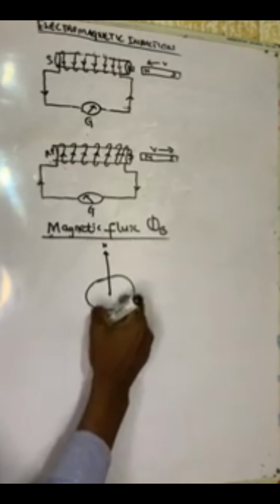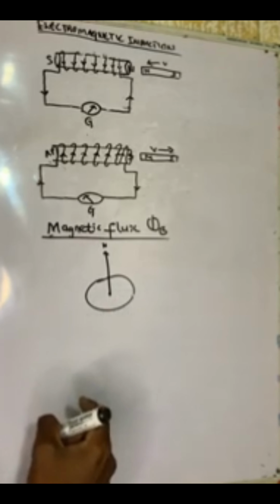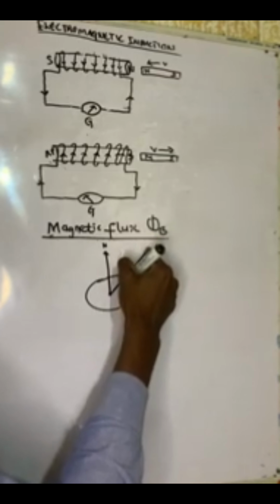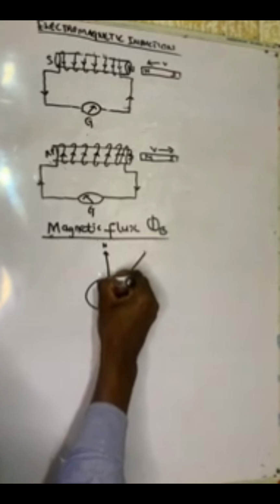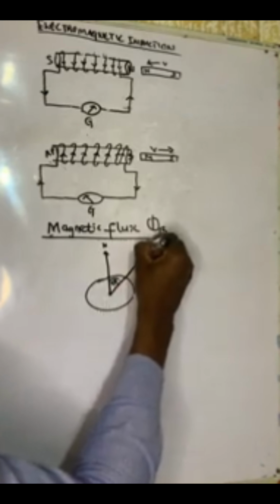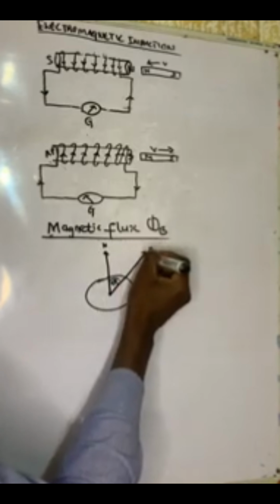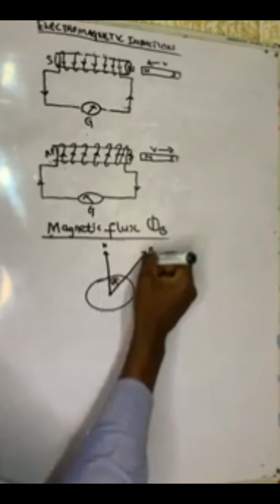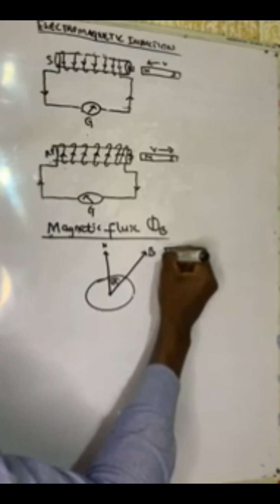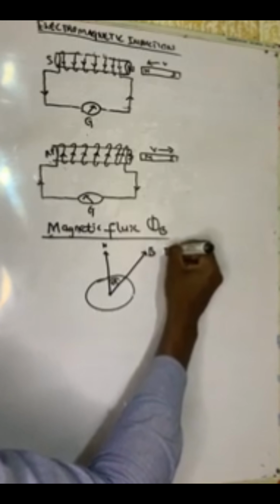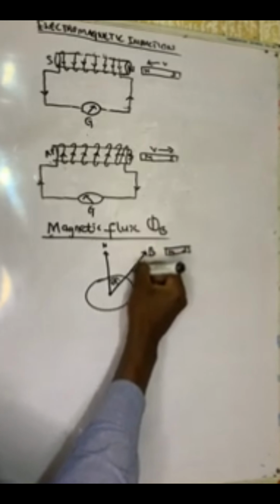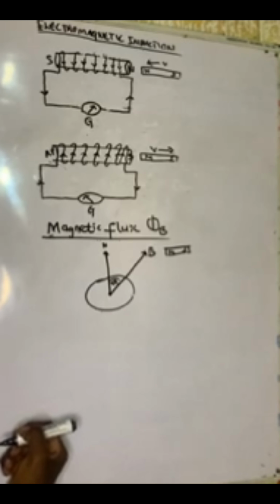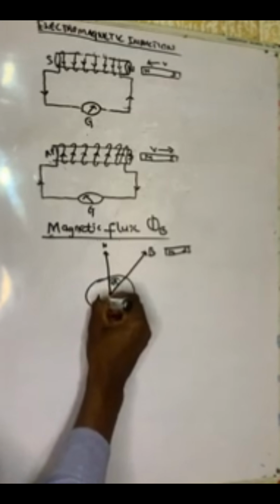Then we decide to place the magnet, which will give us a source of magnetic field, such that it produces an angle, say alpha, between the normal and the magnetic field. So it means that we've oriented the bar magnet such that the magnetic field that it produces is subtending an angle to the normal of the coiled conductor. So this will be the surface area of the conductor.